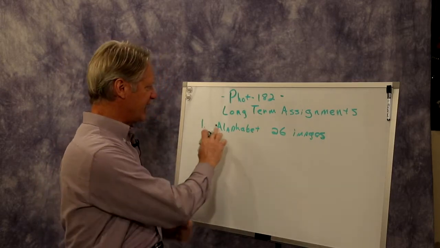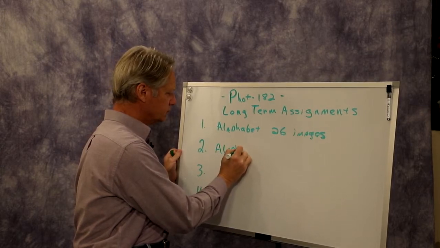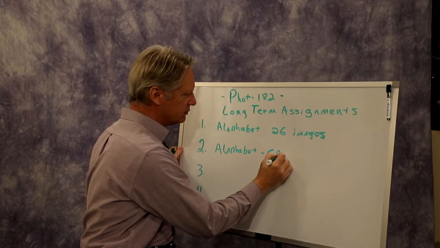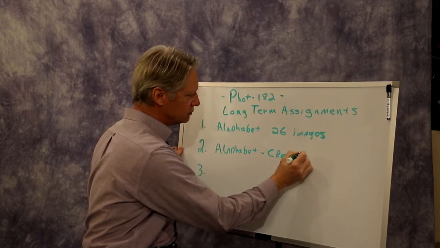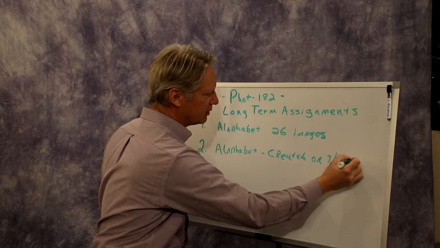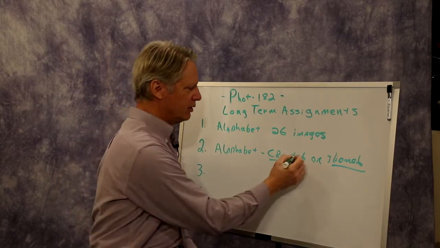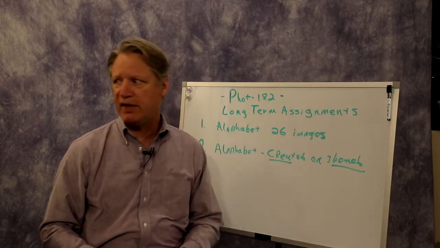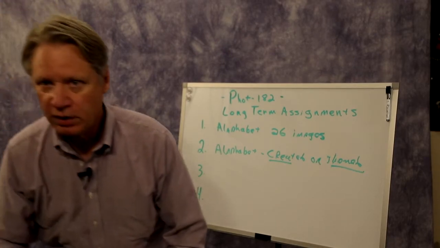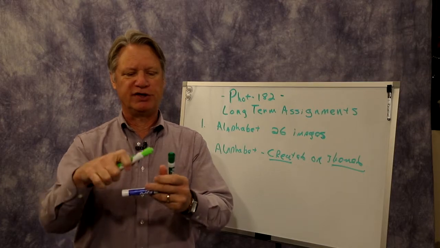Now you have a second alphabet, but this is created or themed. Okay? Created or themed. So created means, you could take a bunch of, I got some markers here.